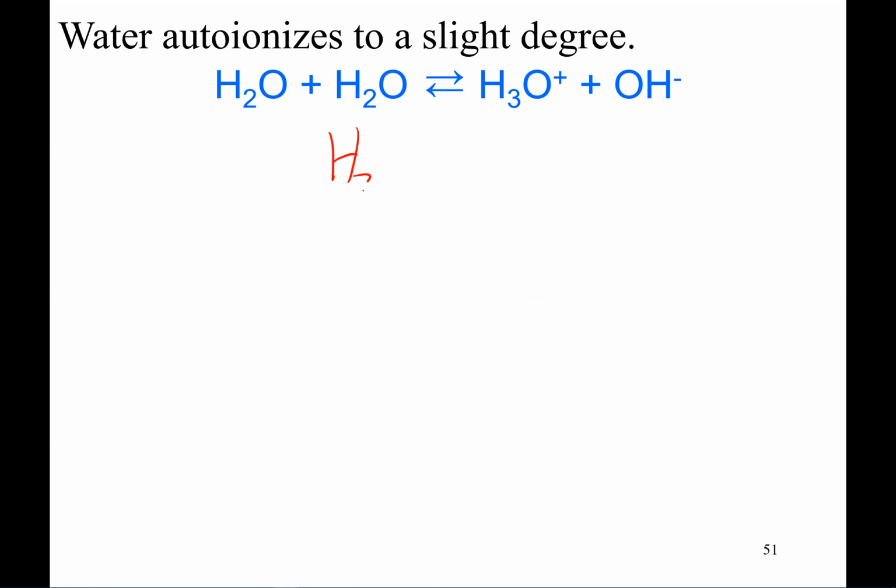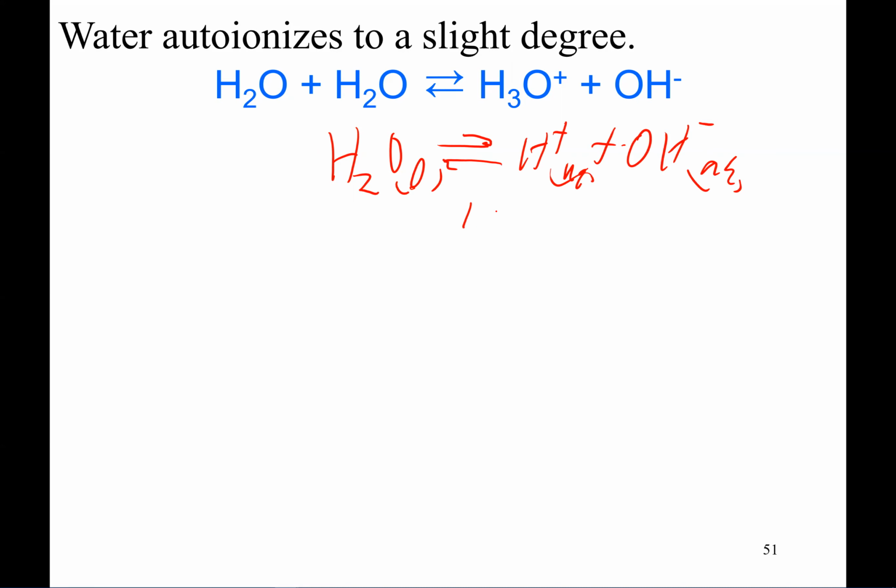Water ionizes to a slight degree. Essentially, you can look at it this way also. H2O goes to H plus and OH minus. And then this is a liquid.